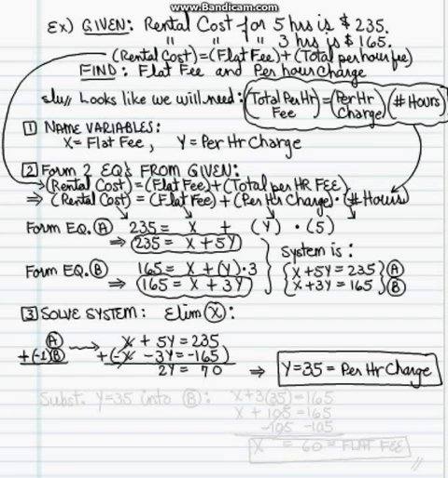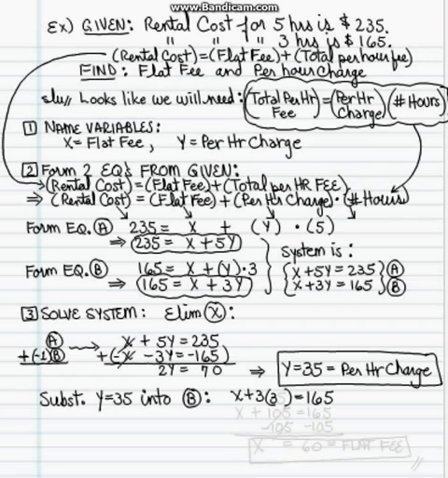Once we get y, one of the variables, for the elimination method, we go back and substitute that value, y equals 35, into either of the two equations. I say we should do it in what I think looks like the easier one. That would be B. It'll work either way, no matter which one we substitute it in. Equation B is x plus 3 times y equals 165.